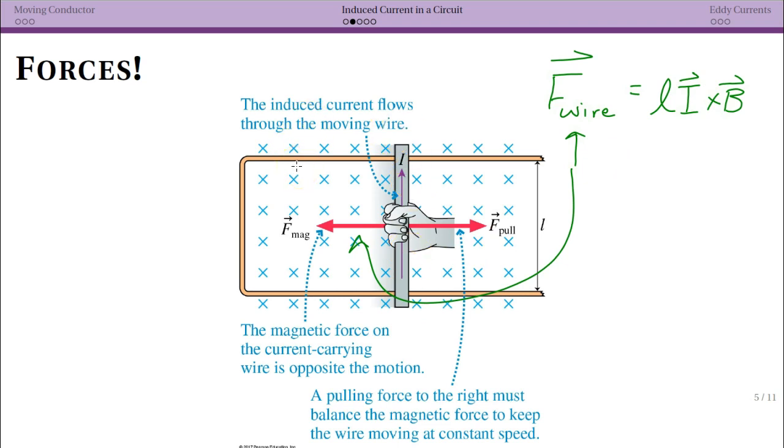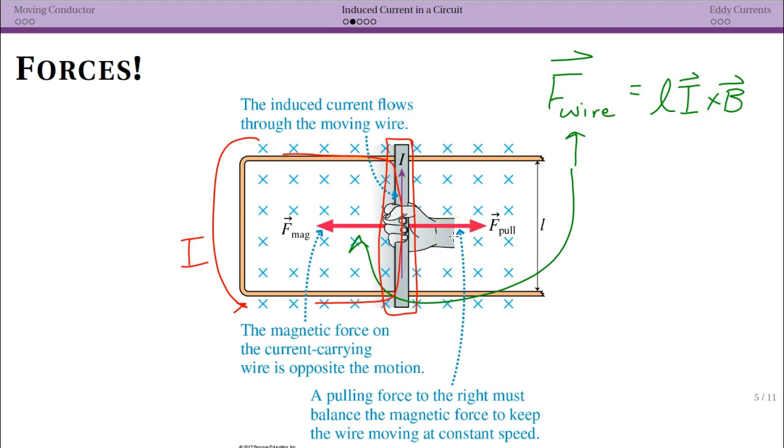Remember that the current's going the rest of the way around. This current in this bar, so we're only talking about this object, will have a force to the left. So you actually have to pull it to the right, but you can balance these forces.